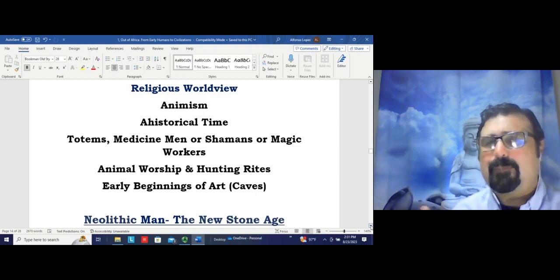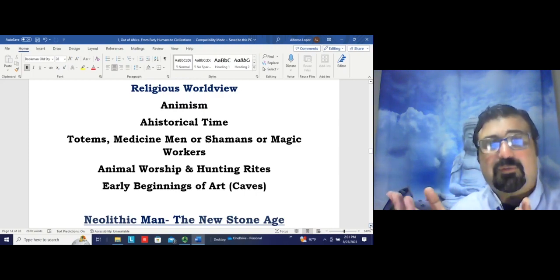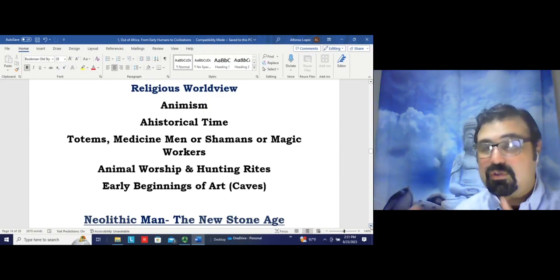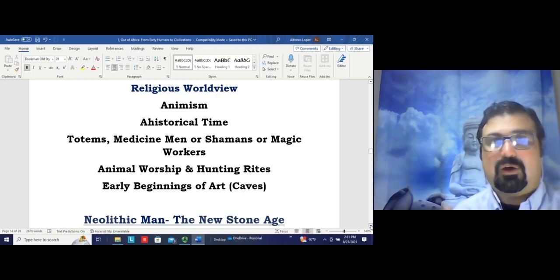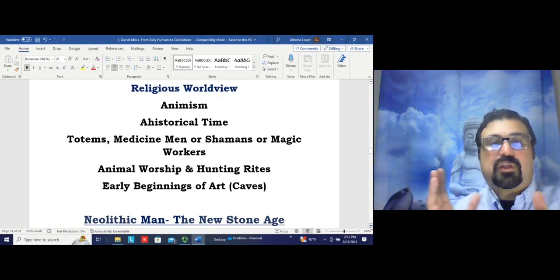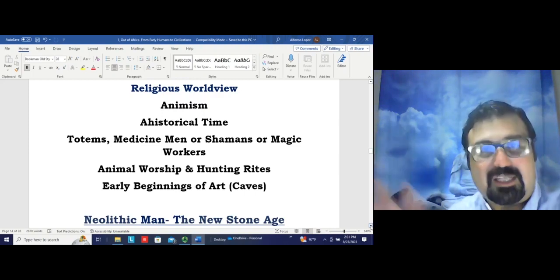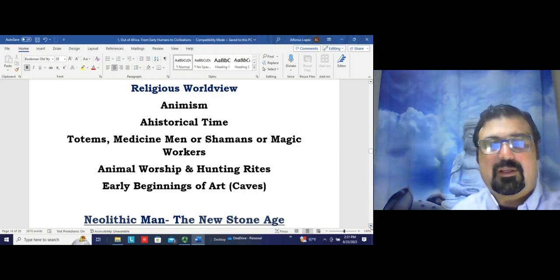They were also called magic workers because those totems, considered magical artifacts, were also used for magical purposes, for hunting, for example. If you're going to embark on a hunting expedition, you use the totem to help you succeed in this expedition as well. So they were called magic workers.